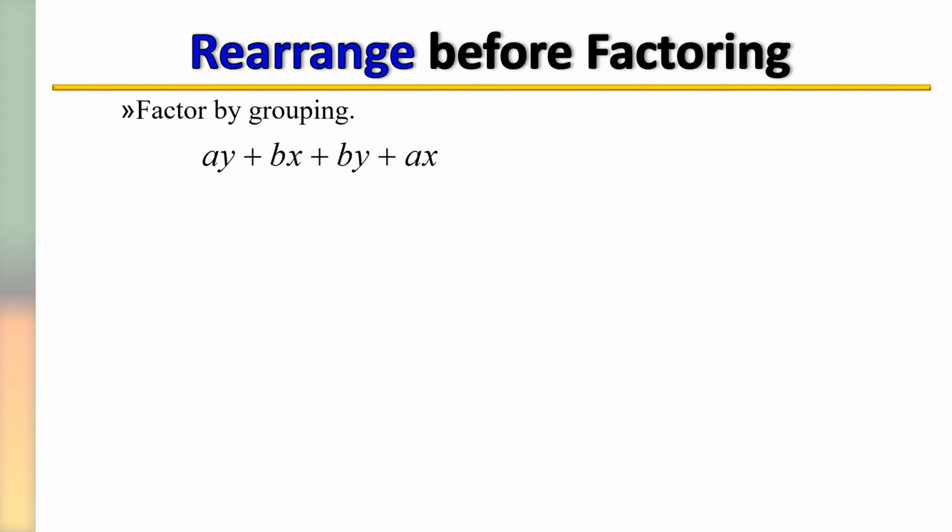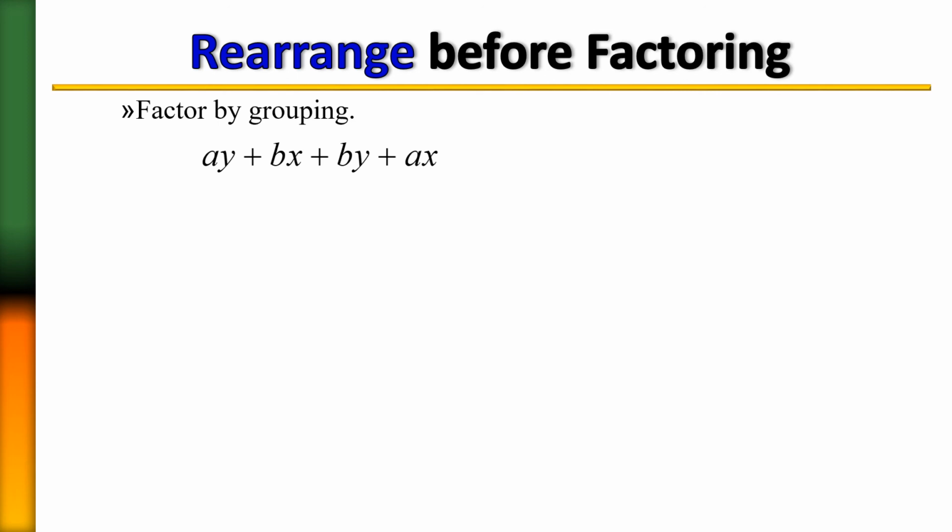So in this example, I want you to factor by grouping. If you look at the first group, you'll see that they don't have anything in common, and that is the same for the second group as well, which means that you need to rearrange the terms in such a way that the terms have something in common with the term that they are paired with.